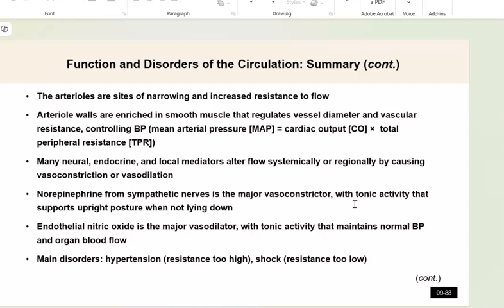Norepinephrine from the sympathetic nerves is the major vasoconstrictor. It is the norepinephrine also that helps with tonic activity that supports the upright position. Endothelial nitric oxide is the major vasodilator with tonic activity that maintains normal blood pressure and normal organ blood flow.